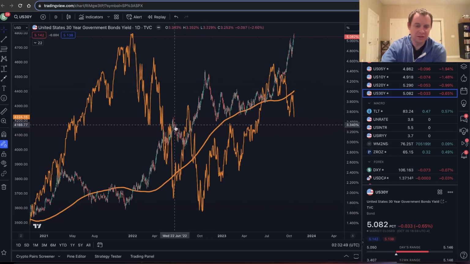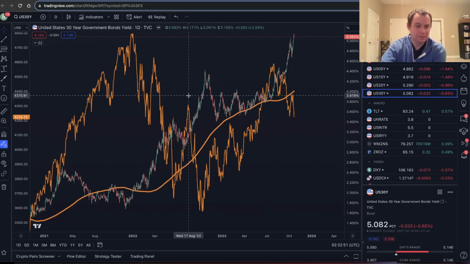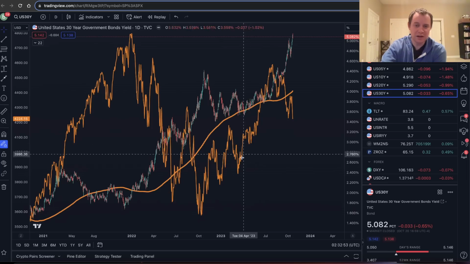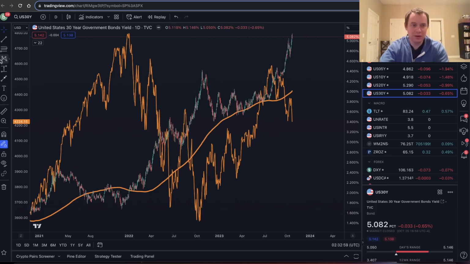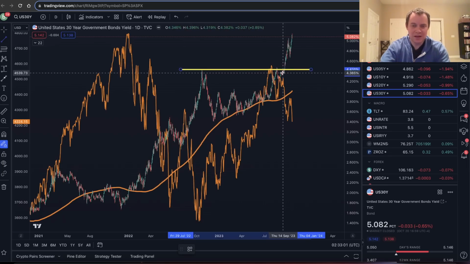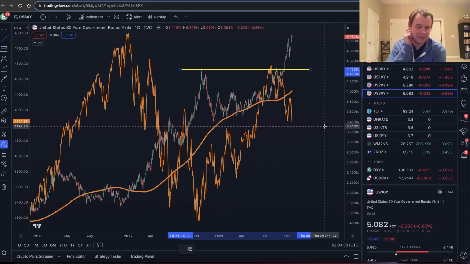If the 30-year is going down, the S&P is going up. You can see over here, the S&P was going up while the 30-year was mostly just in a range. But once the 30-year really started to break out, the S&P started to sell off. So as the long end of the yield curve goes up, the S&P sells off.